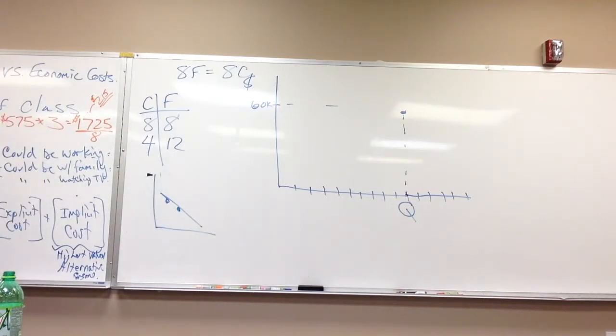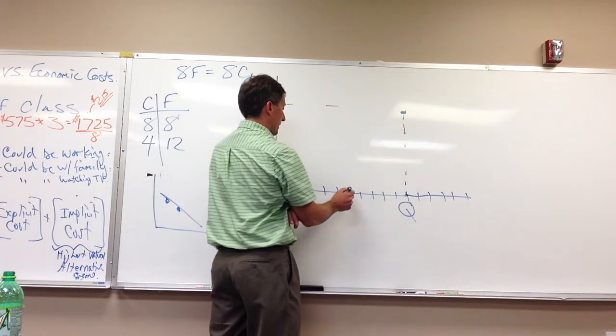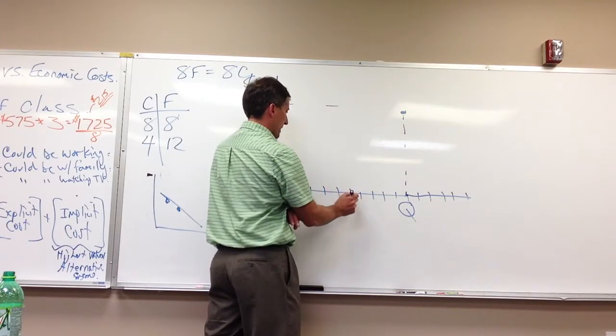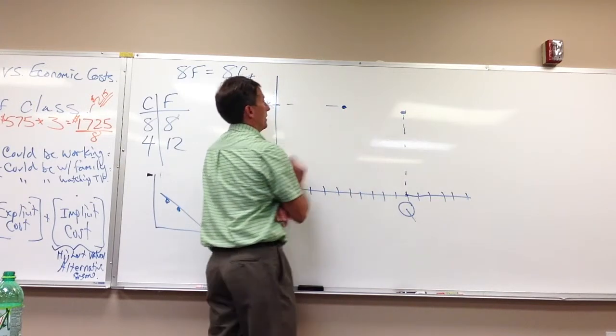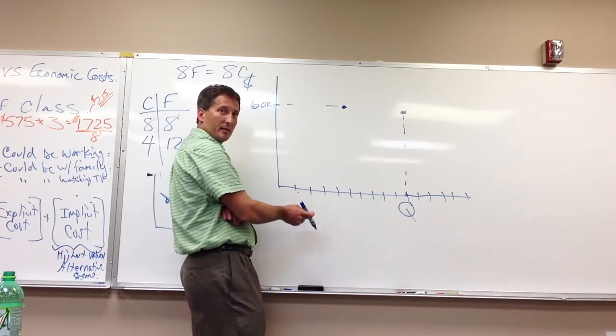What if we had produced 5,000? Where would that be? Halfway between here and here. Good. So 1, 2, 3, 4, 5. And what if we were at 4,366?